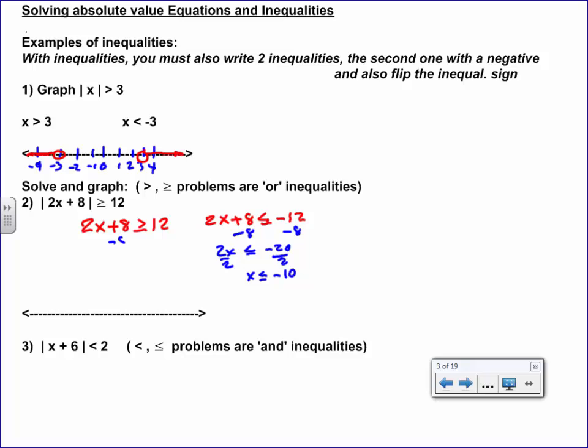And doing this one, minus 8, minus 8. 2x is greater than or equal to 4. Divide by 2, divide by 2. And we have x is greater than or equal to 2, or x is less than or equal to negative 10.